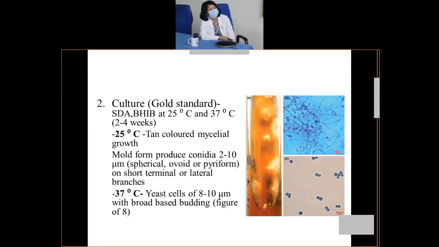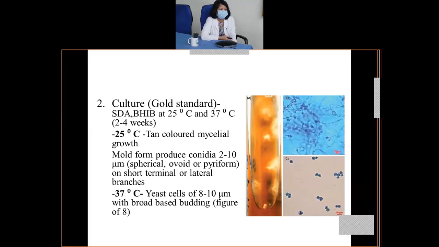Now coming to the culture. If we put the sample through culture, which is actually the gold standard, you'll be able to identify the different morphology of the yeast and of the mycelium. You'll keep it at 2 temperatures, because if you expect a dimorphic fungus, you'll incubate at 2 temperatures.